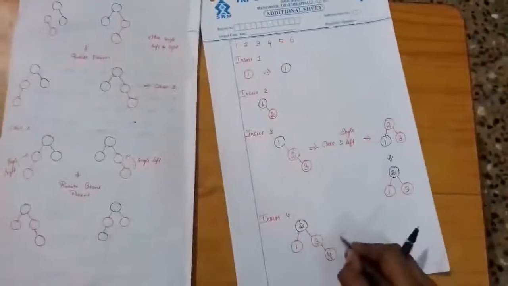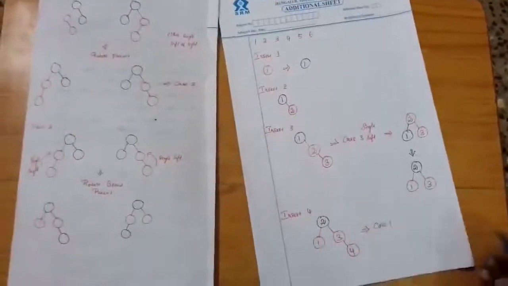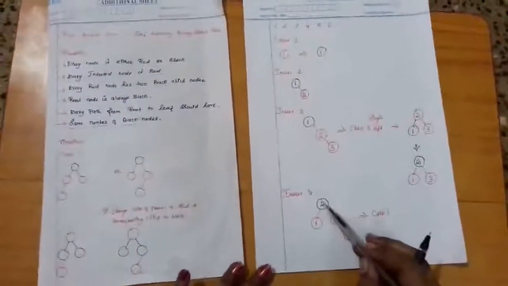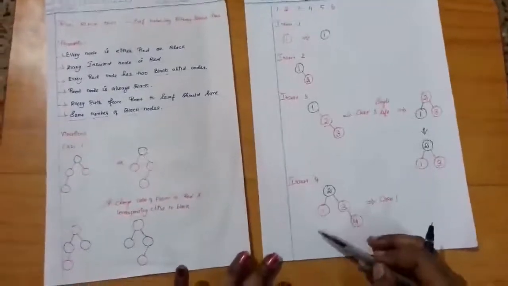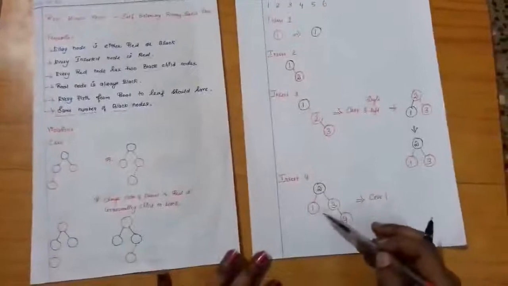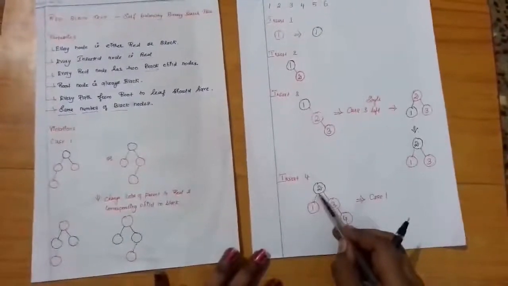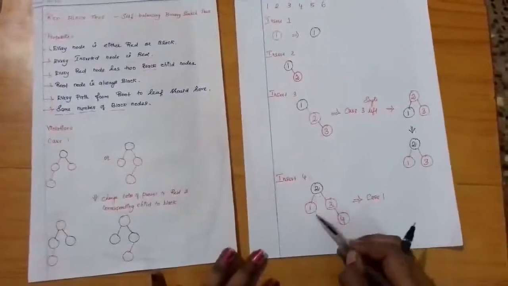So this is similar to case 1. So what is case 1? Case 1 means on one side we have a subchild, but on the other side we don't have any subchild. So in this case what we are going to do? We are going to change the color of the root node to red. Subsequently we are going to change the color of the child nodes.